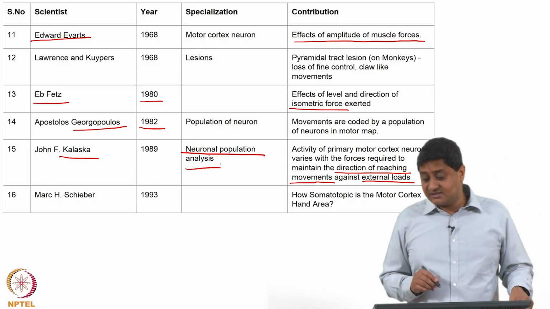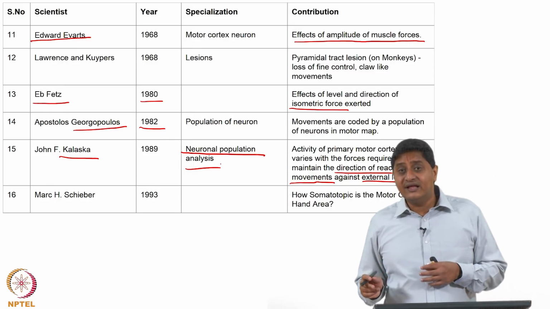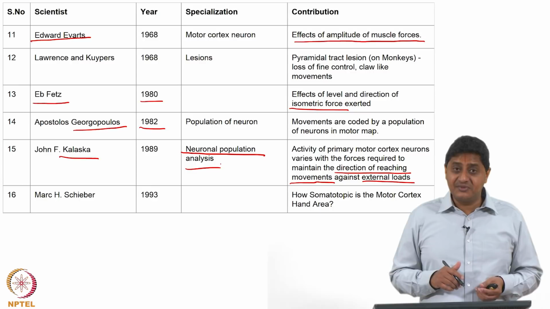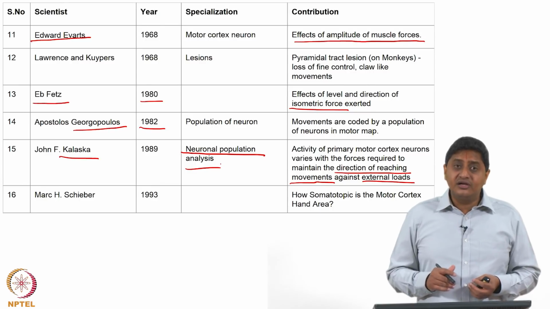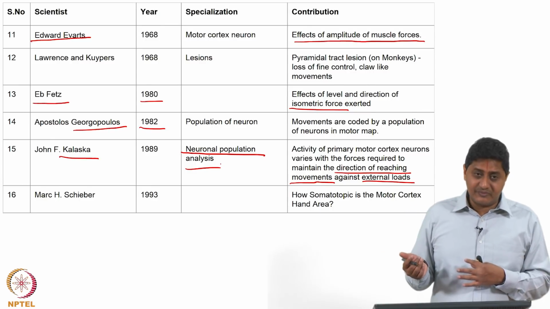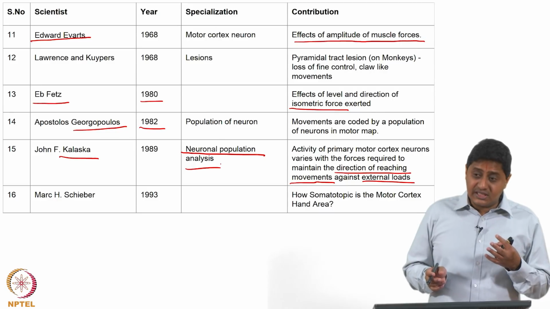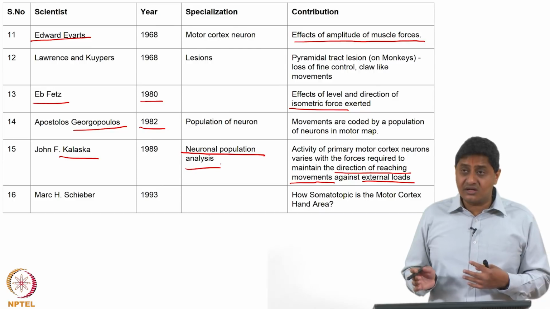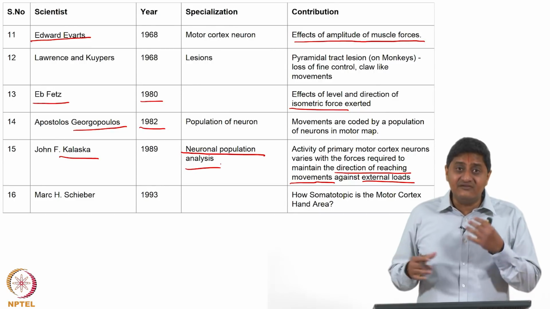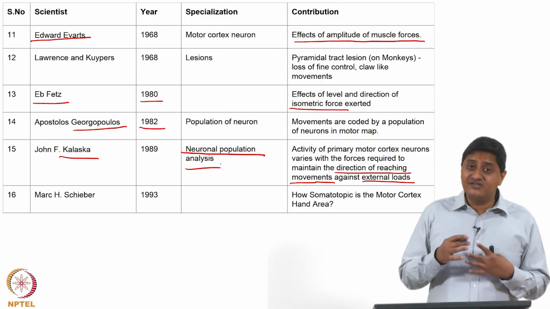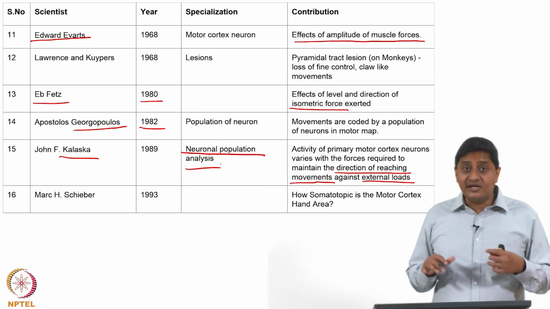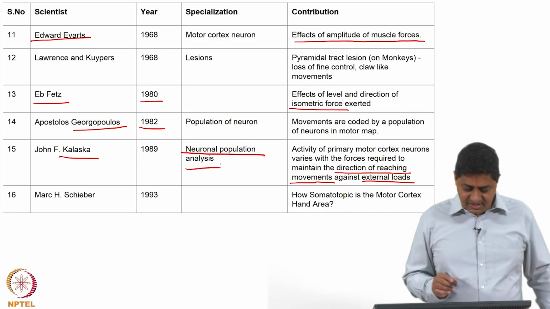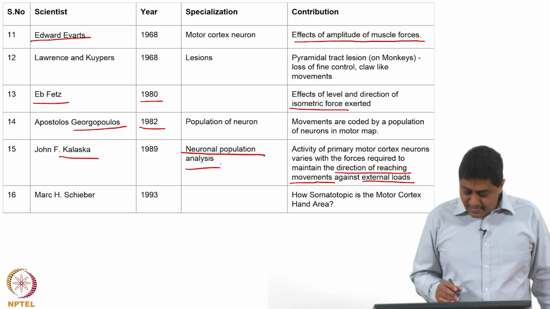Now, what this means is this external load could either assist the movement that is being performed or it could resist the movement that is being performed. Depending on whether the movement is against the external load or along the external load, the population activity of these neurons changed, and the directions changed depending on that. That is the result from Kalaska's work.